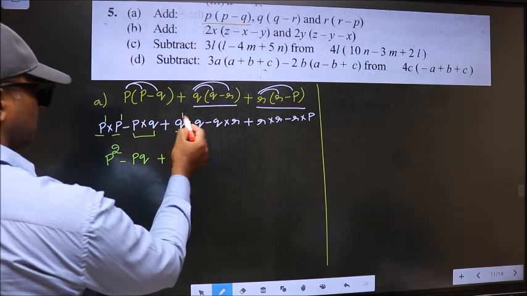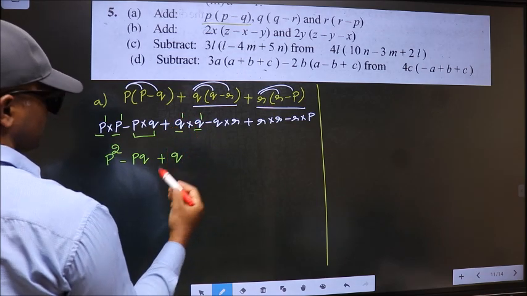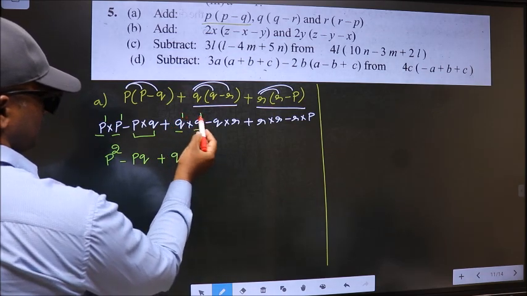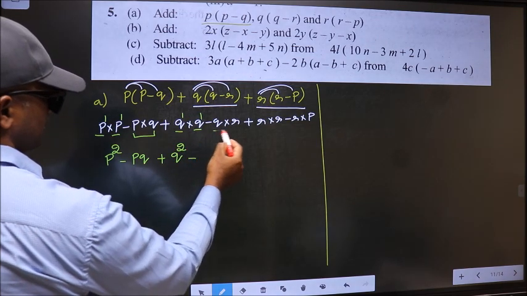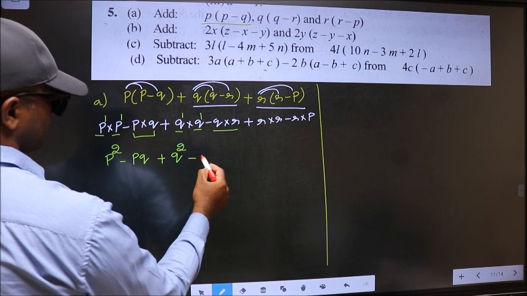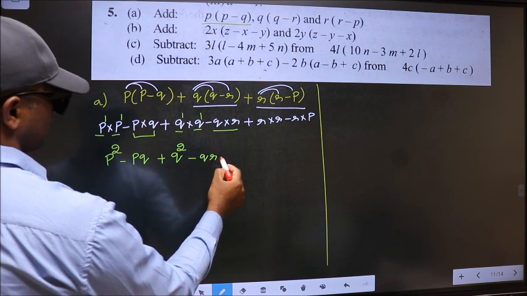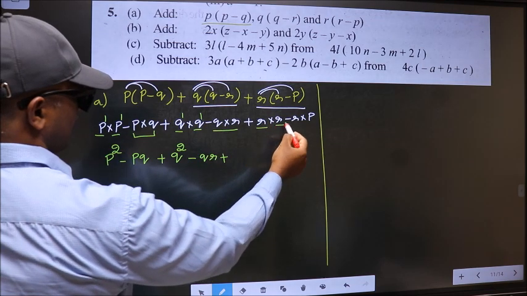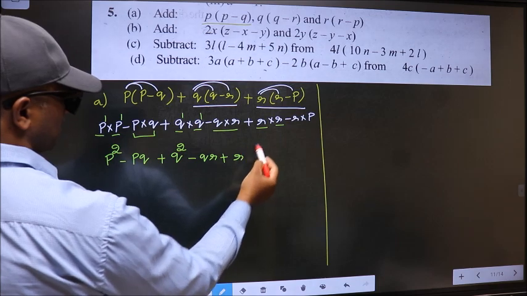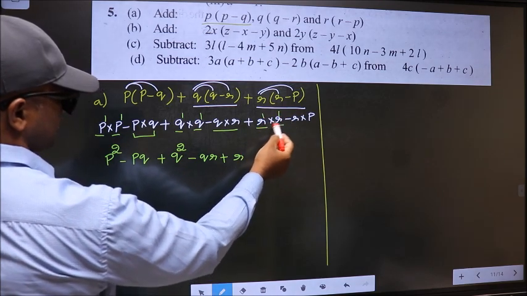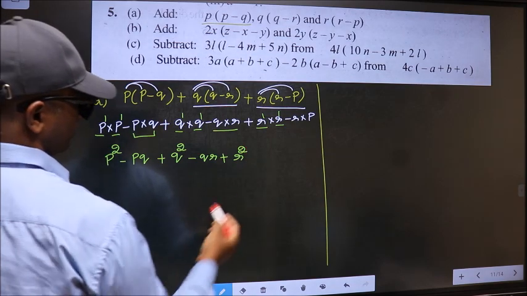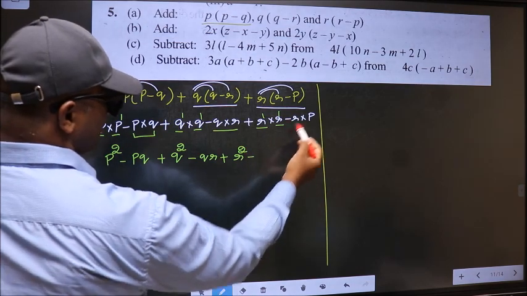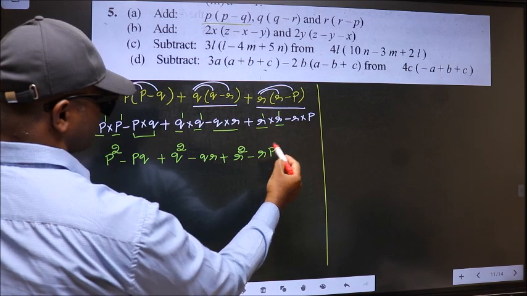Power is add the powers and write, since bases are same, so 1 plus 1, 2, minus, these are unlike letters, so write as it is, plus here r, you write r, power, add the powers and write, since bases are same, so 1 plus 1, 2, minus, these are different letters, so you write as it is.